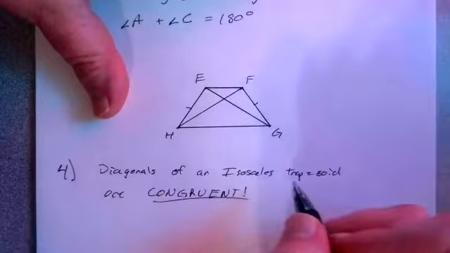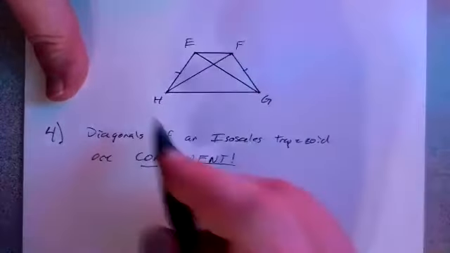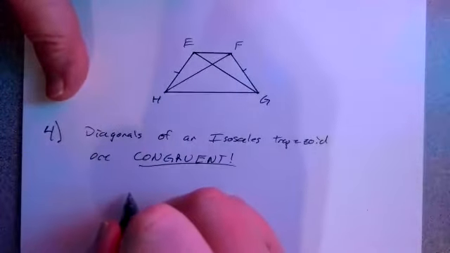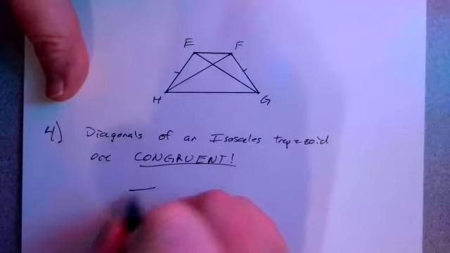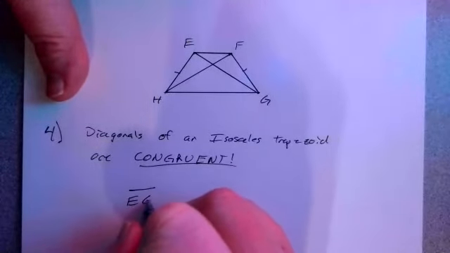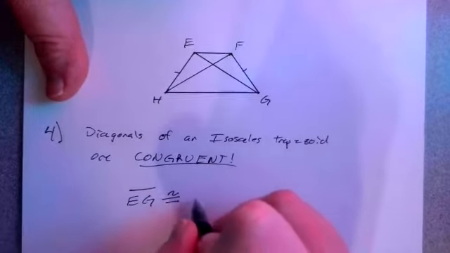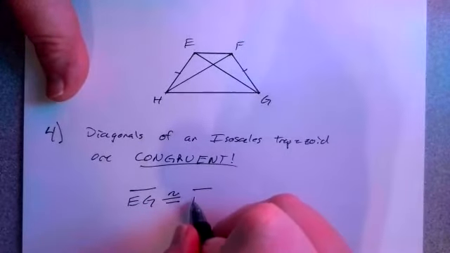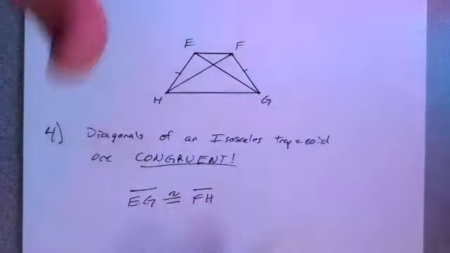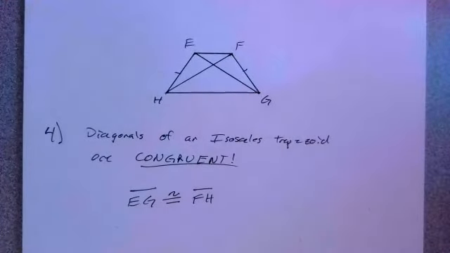Yay! Another way of writing that out would be, for this trapezoid, we could say that the line segment from E to G is congruent to the line segment from F to H. And in the next video, we're going to do a couple of practice problems, some examples.